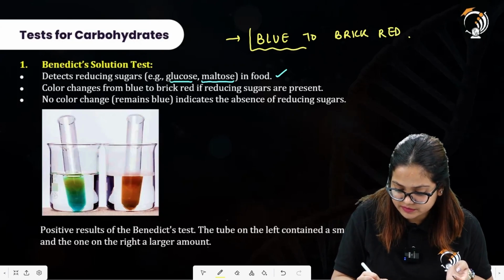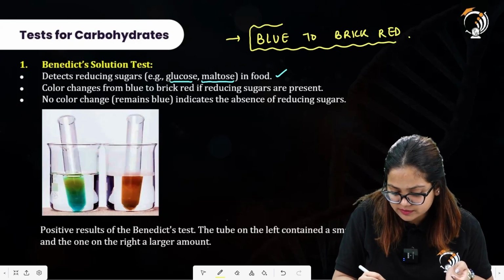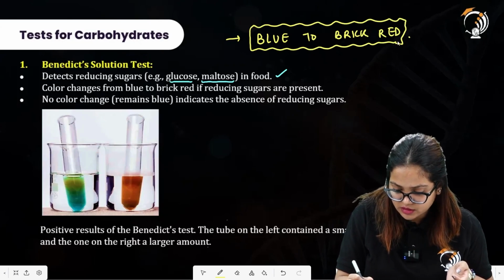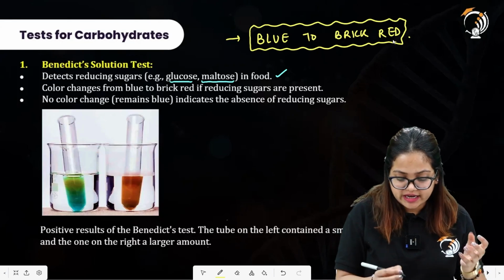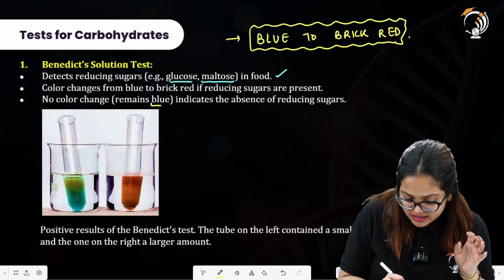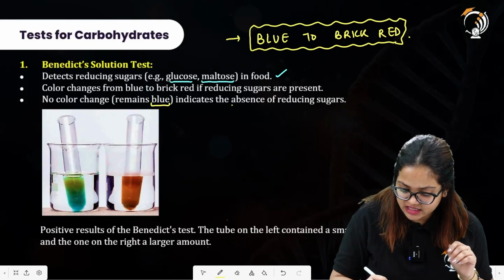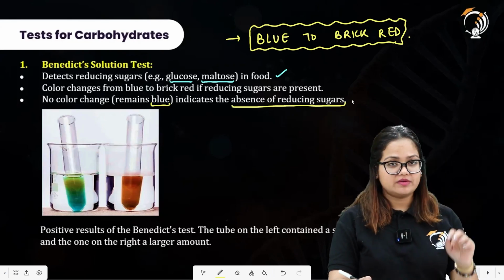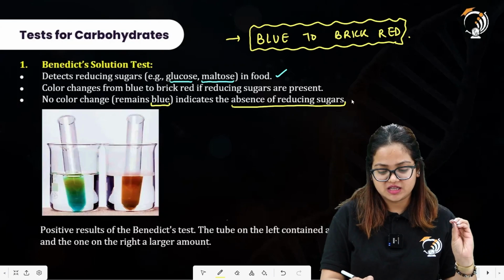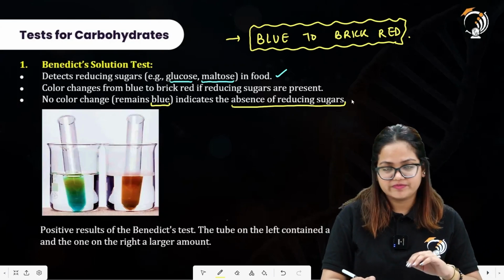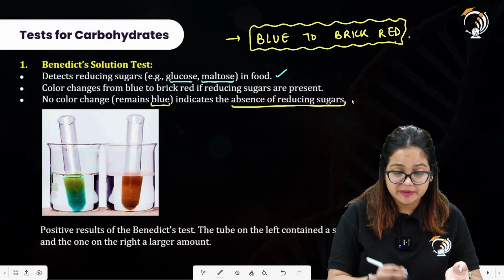Then we will talk about what if there is no color change, that it remains blue in color. That indicates the absence of reducing sugars. So whenever there is no reducing sugar present in the particular solution, it will not change color and will remain blue.